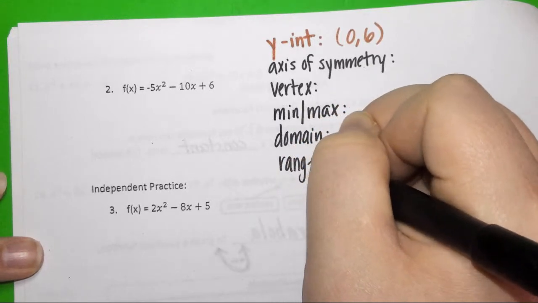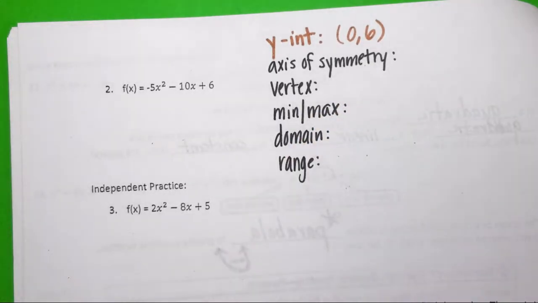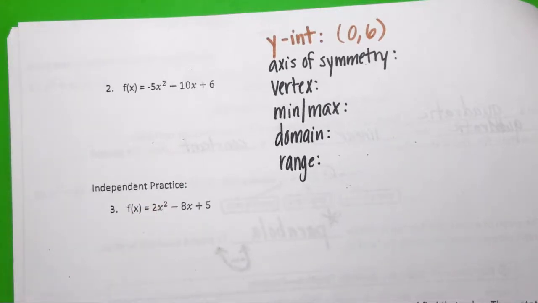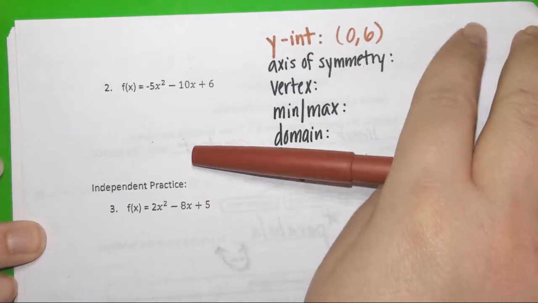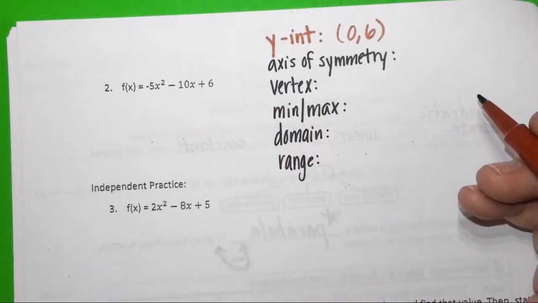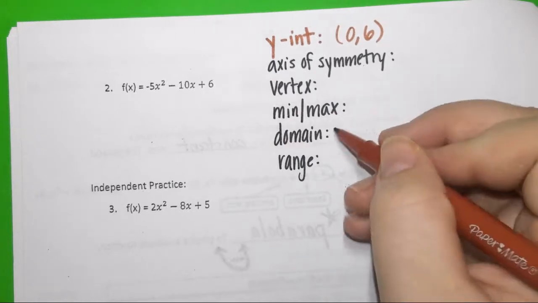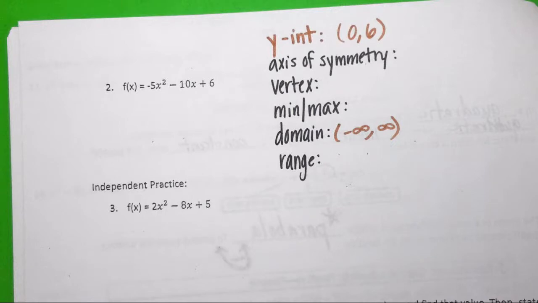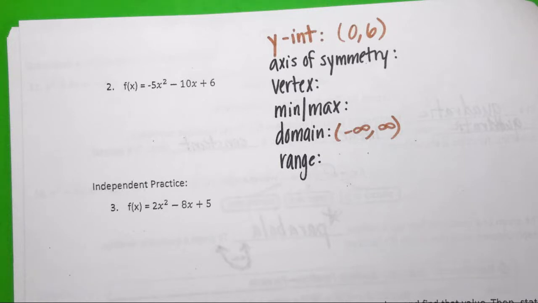What other things should I go ahead and guess? I'm telling you, 95% accuracy. Daniel gets a point. So yeah, we actually need to calculate axis of symmetry, vertex, min, max, and range.